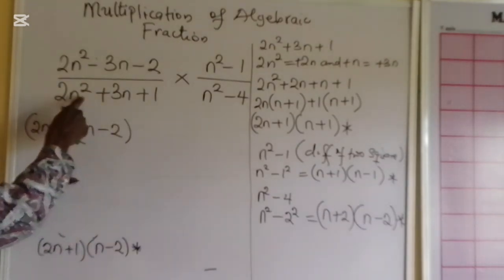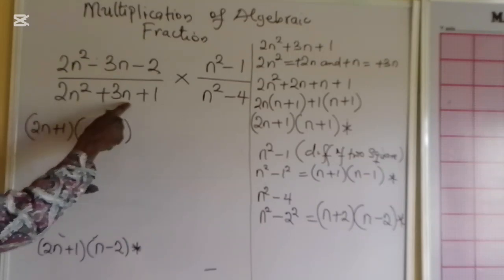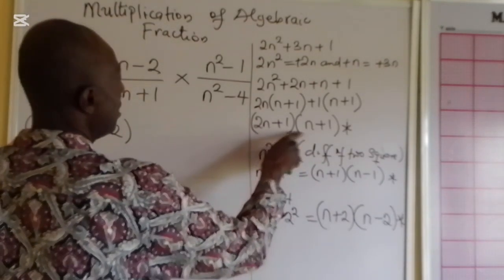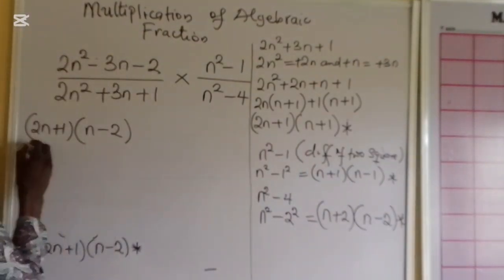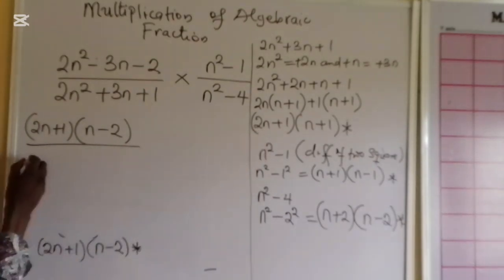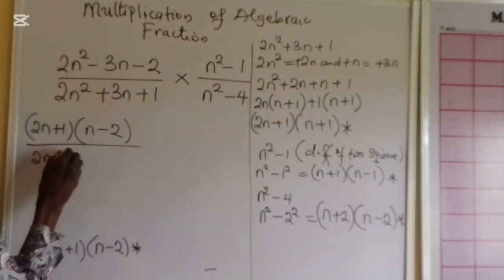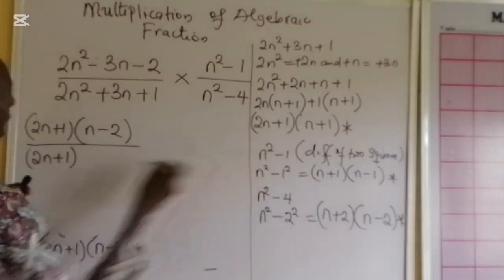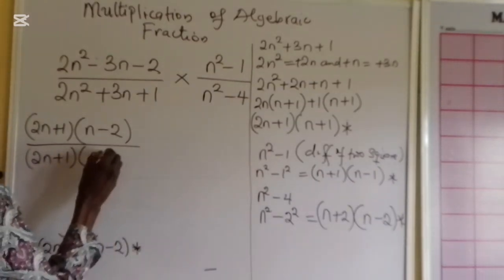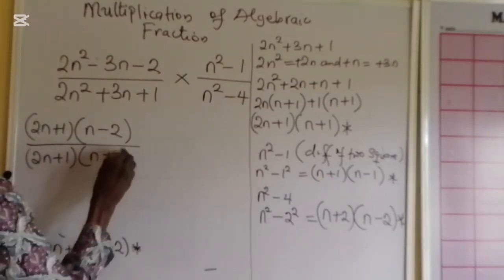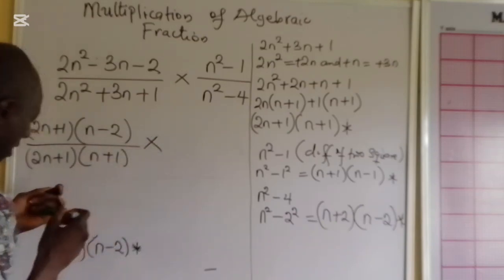Now what is 2n² + 3n + 1? It is (2n + 1)(n + 1), which is all over, and multiplying.